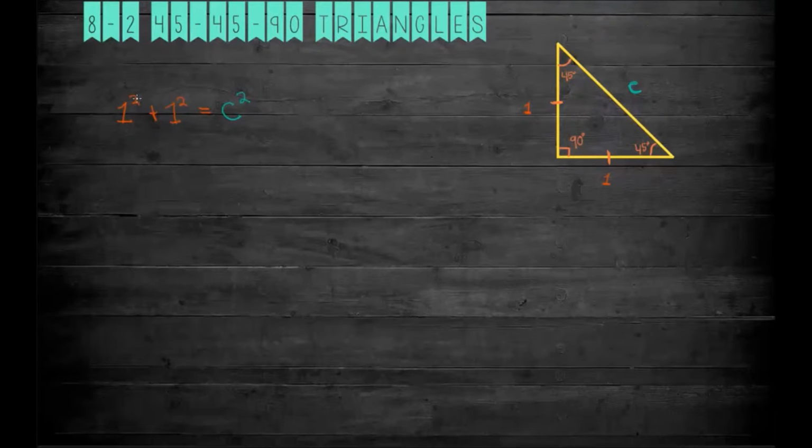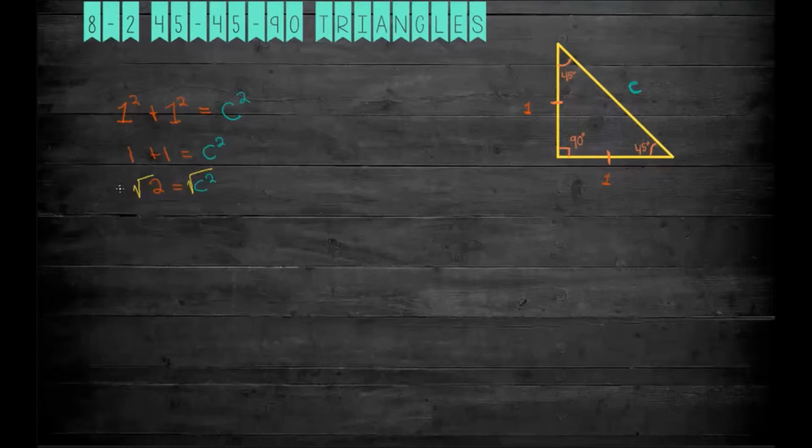Well, 1 squared is just 1, and 1 squared is also just 1, so that'll equal our c squared. Last time I checked, 1 plus 1 is just 2, so that is equal to c squared. Now I have a squared number here, and the only way to undo a squared is with a square root. So I'm going to square root both sides.